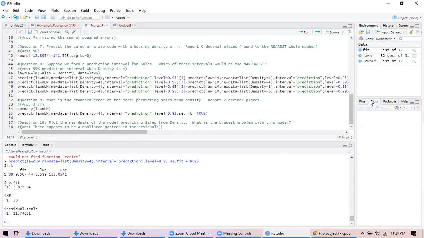It looks like you had a diagram or some kind of graph. Yeah, where is that one? Try to look for that one. Plot the residual model.